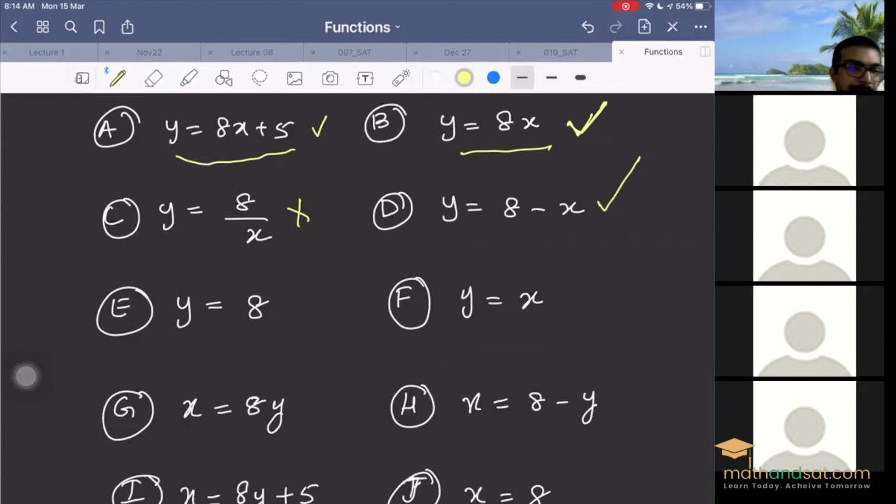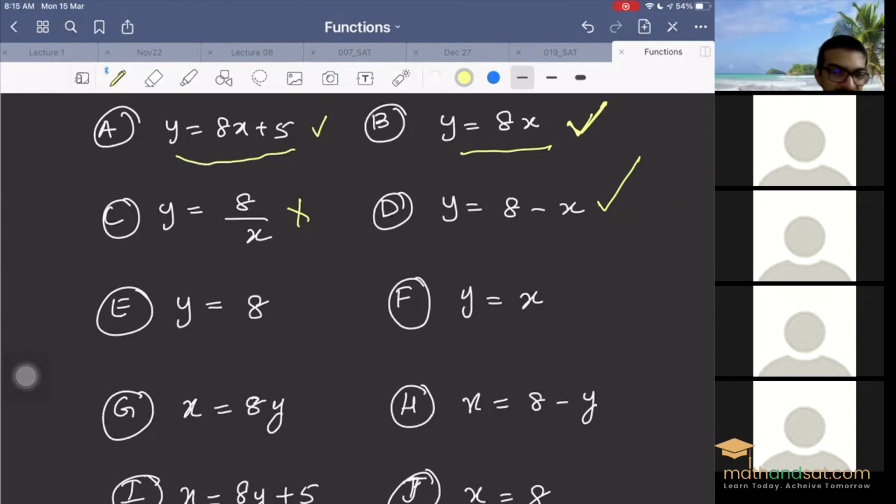Y is equal to 8. Does that represent a linear function? I just told you that y is equal to 8 is nothing but a constant function. Y is always 8.